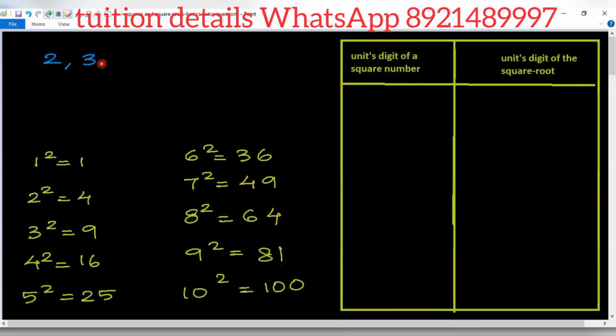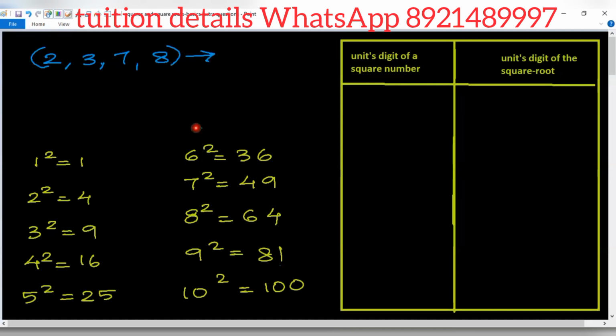So 4 is there. 5 also comes as the units place of a square number. 6 is there. But 7, check, 7 will not come as the units place of a square number. Again, 8, check, 8 is not there as the units place. 9 is possible.